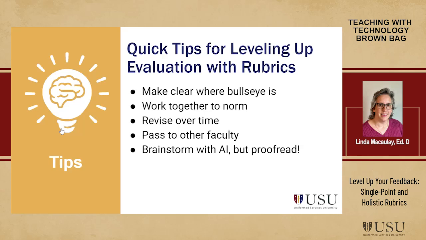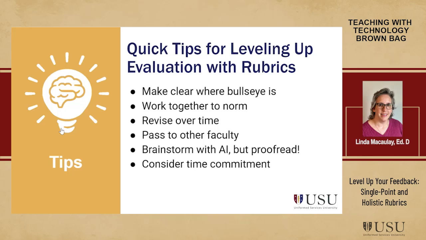If you decide to use AI to create rubrics, because you certainly could do that, we would recommend that you use the AI tools to brainstorm ideas for phrasing for those particular criteria, for example, but always proofread, because we've seen some examples where it sounds good, but then when you dig into the details, there are things in the rubric that don't quite match up to your objectives or your goals for that particular assignment.